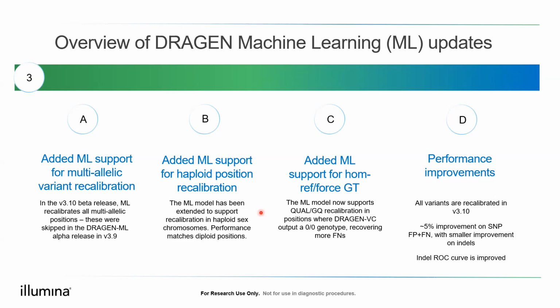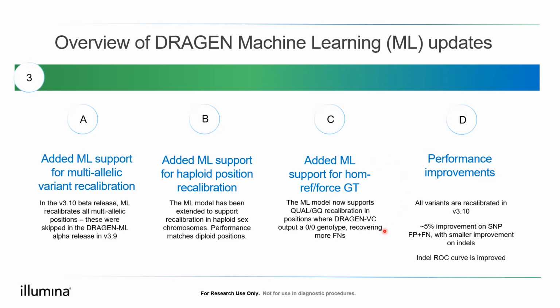Now we will do recalibration and it matches the diploid positions in those sex chromosomes as well. The machine learning models now also recalibrate in positions where DRAGEN is outputting hom-ref, so basically 0/0 genotypes. And we can also use it with forced genotyping now.